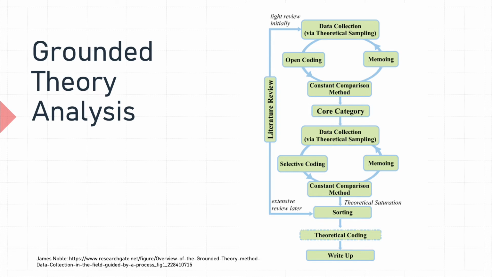You then create your core categories, and then you go to selective coding, and again memoing, and then the constant comparison. So you realize, again, you're never looking at your data just once. You then do an extensive review, and you want to look for saturation.